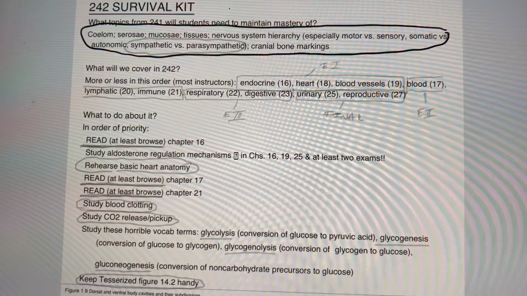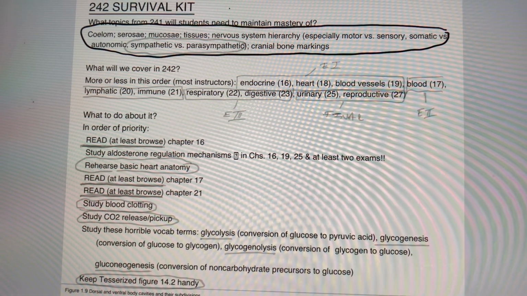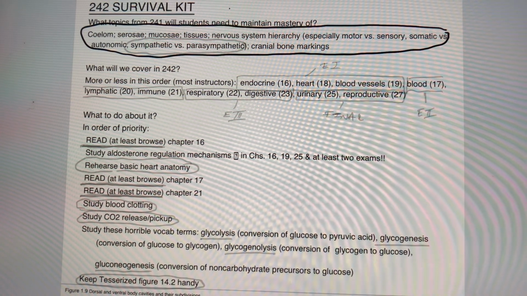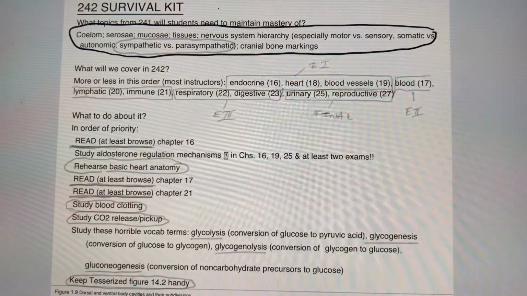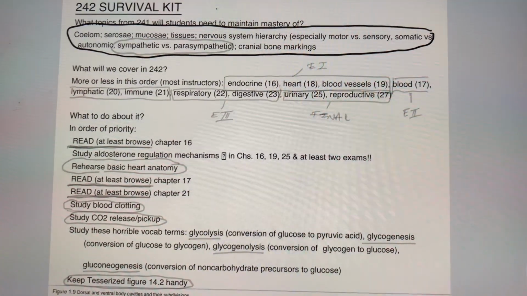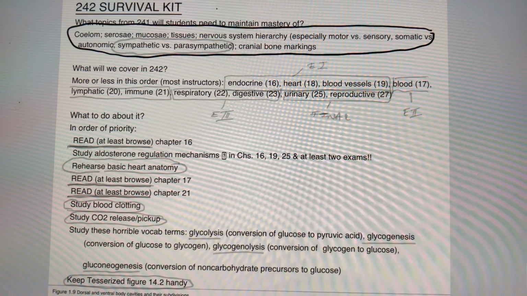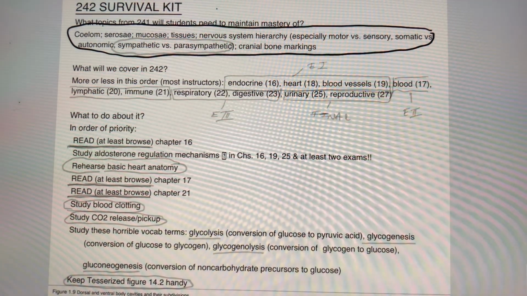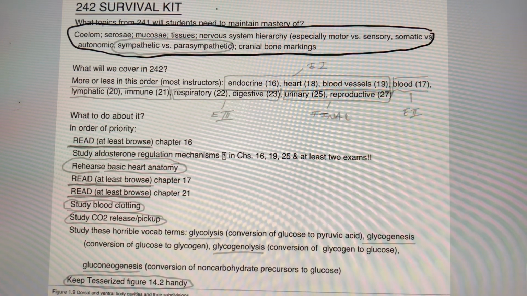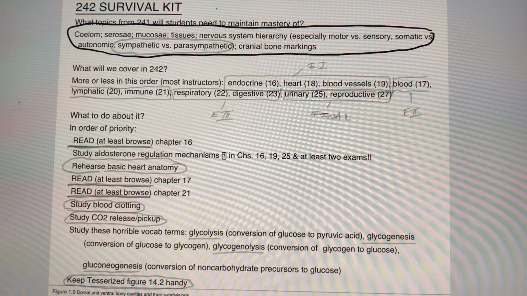So I find that students that take 241 with someone else and then take 242 with me tend to feel a little lost because they haven't necessarily mastered the same concepts that my 241 students are expected to have mastered. So let's talk about that list first, and then we'll dig in a little bit on the other stuff.